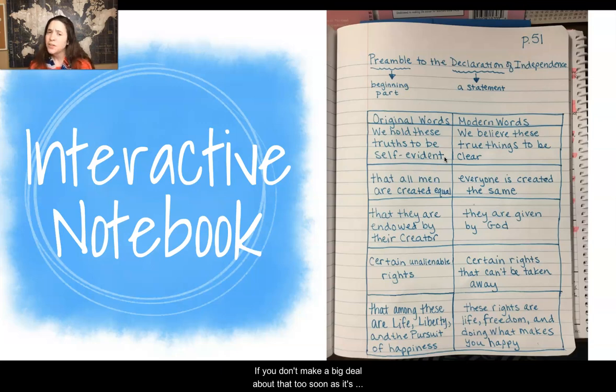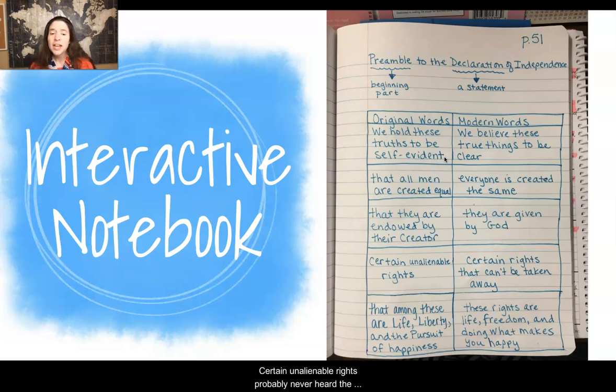And if you don't make a big deal about that to students, it's usually completely fine. They just need to understand that there was a big religious influence in the 18th century. That's why these religious undertones will show up sometimes in original documents.